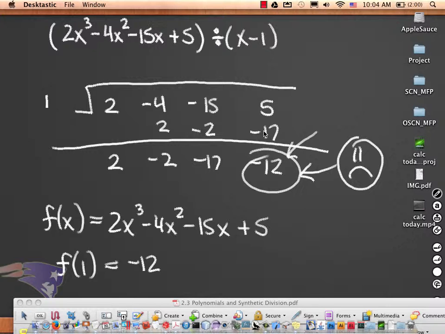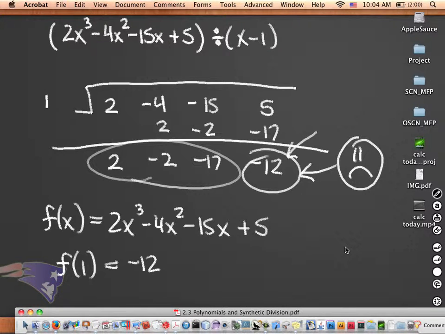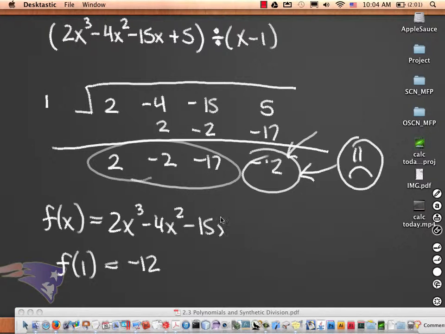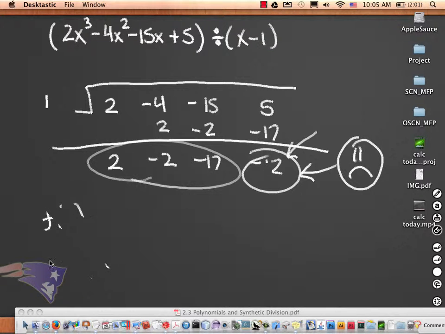Now, let's go back. What if you're being asked to find the quotient? Okay, so let's interpret this part right here. The quotient is 2x squared minus 2x minus 17. What if we're being asked to find the actual function using the division algorithm? Okay, well, it's going to look like this.